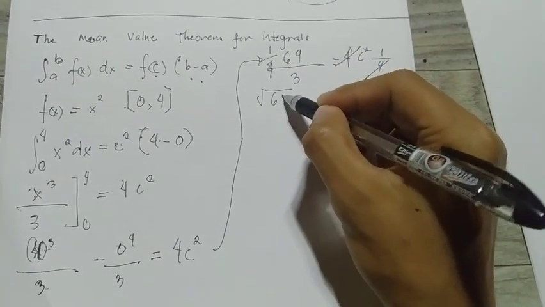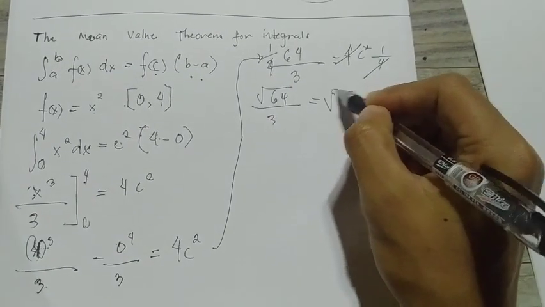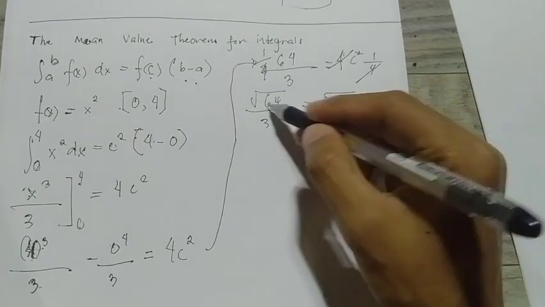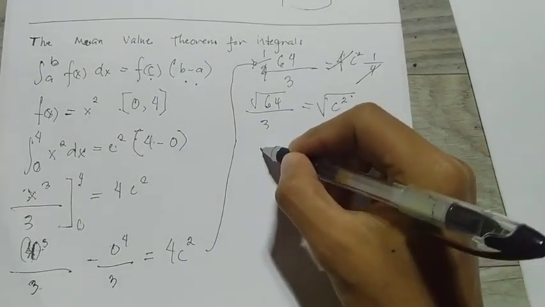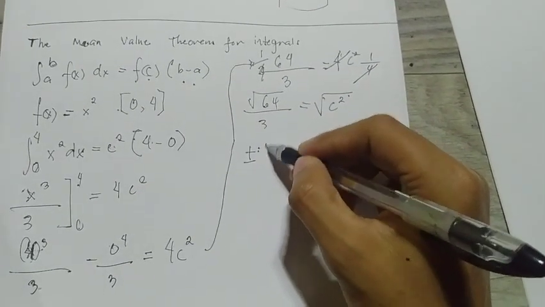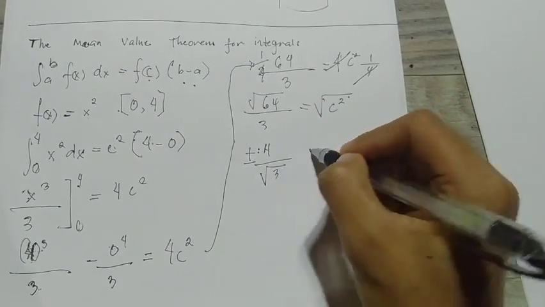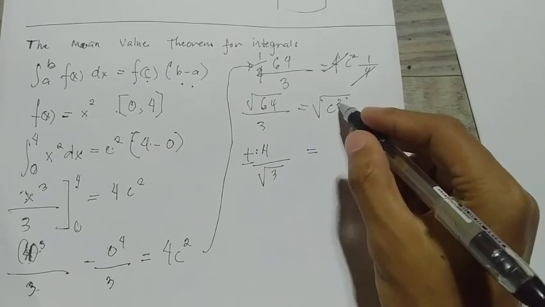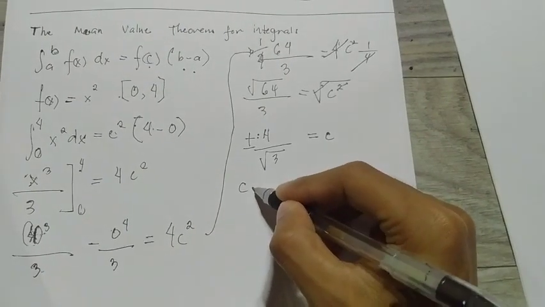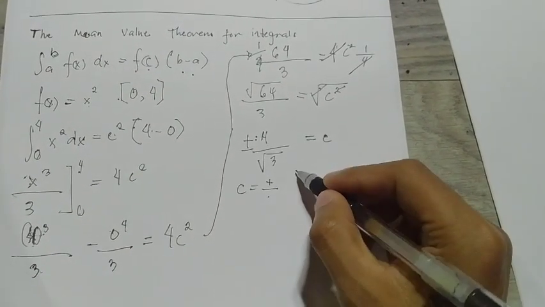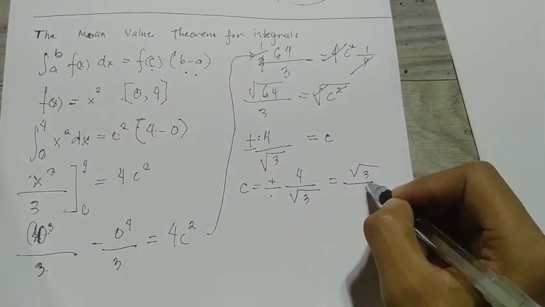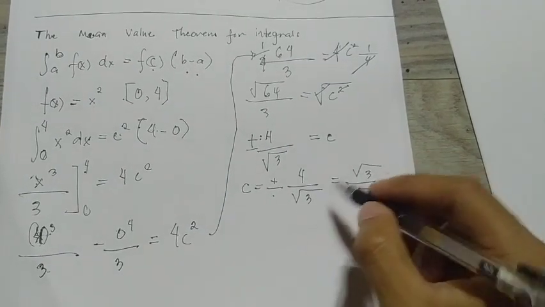The remaining is 16 over 3 equals c squared. So let's take the square root of this problem, so plus or minus 4 over the square root of 3. So c is equal to plus or minus 4 over the square root of 3, or equal to 4 square root of 3 over 3.